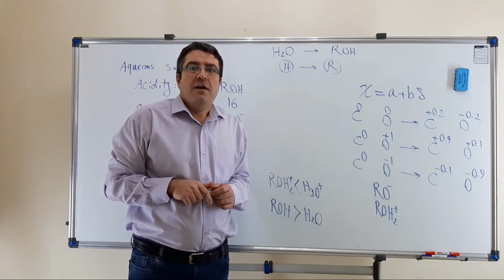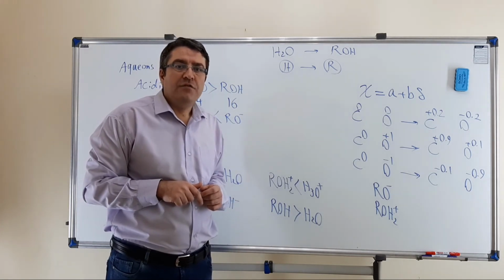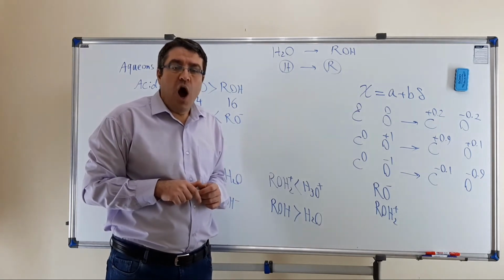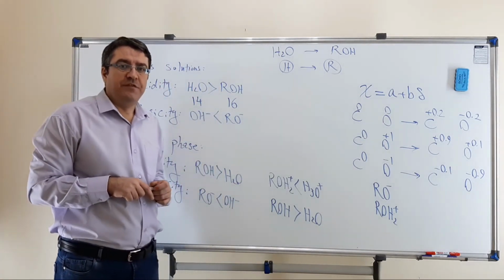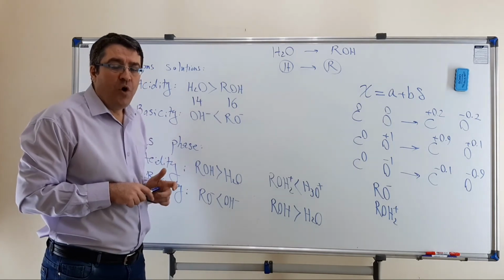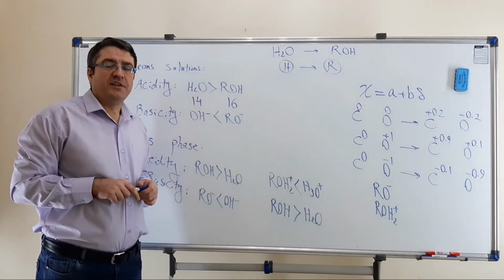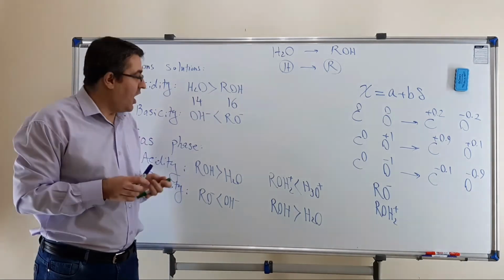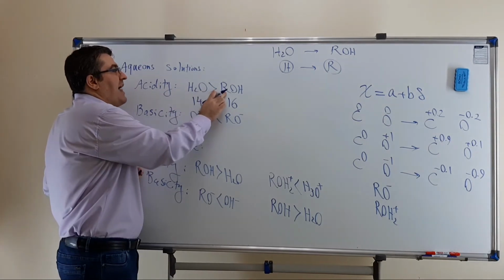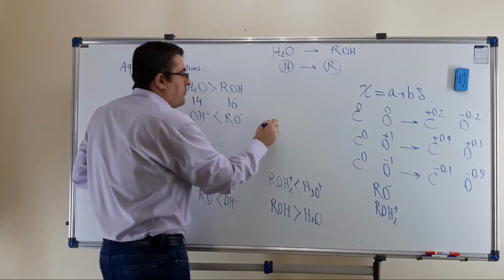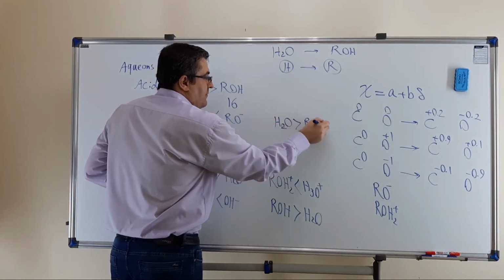Therefore, solvation effects are weaker for the ionic species of alcohols. Here, solvation effects work in favor of the ionic species of water. As a result, water becomes a stronger acid than alcohol. It also becomes a stronger base than alcohols.